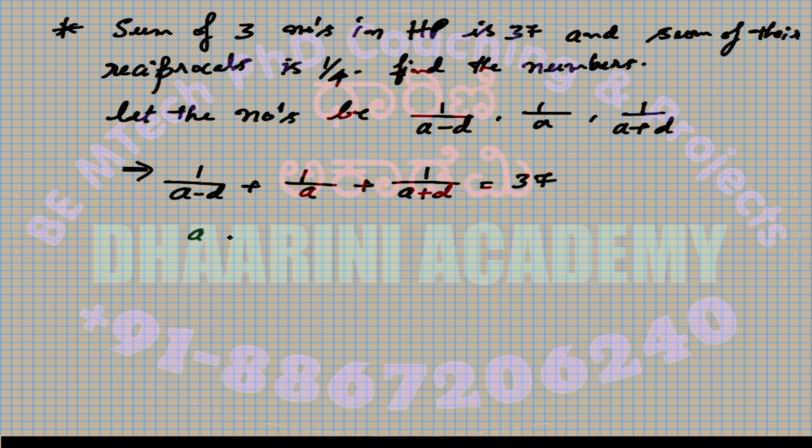Okay, this means if I want to calculate d square, 144d square equals 1 minus 24 by 25, so this is equal to 1 by 25.